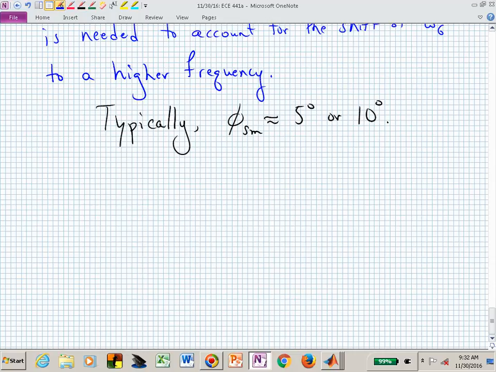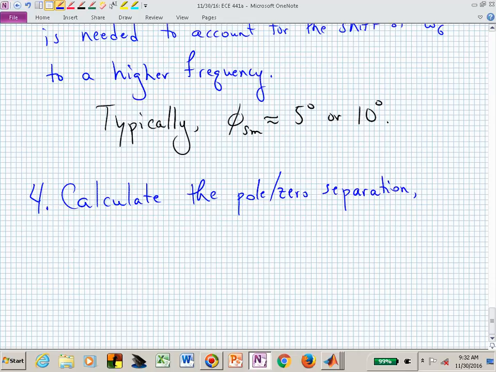Now that we have phi sub m, what we want to do is calculate the pole zero separation in our controller, which will supply the additional phi sub m that's needed.